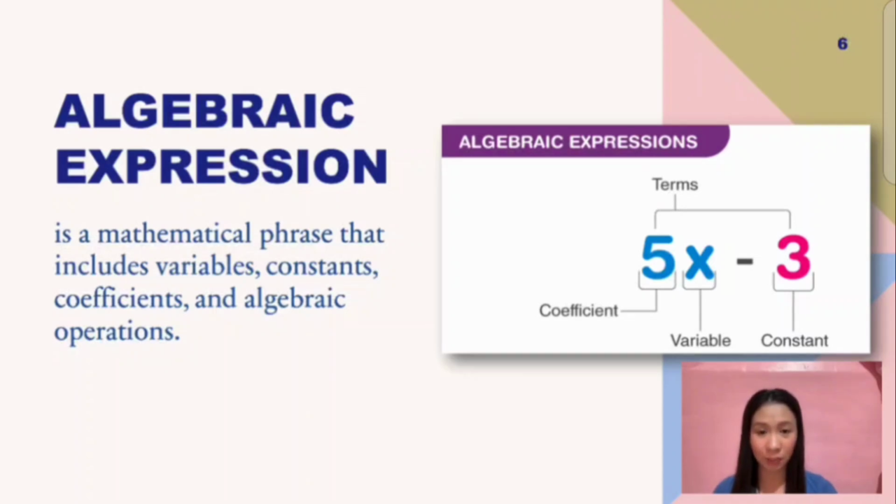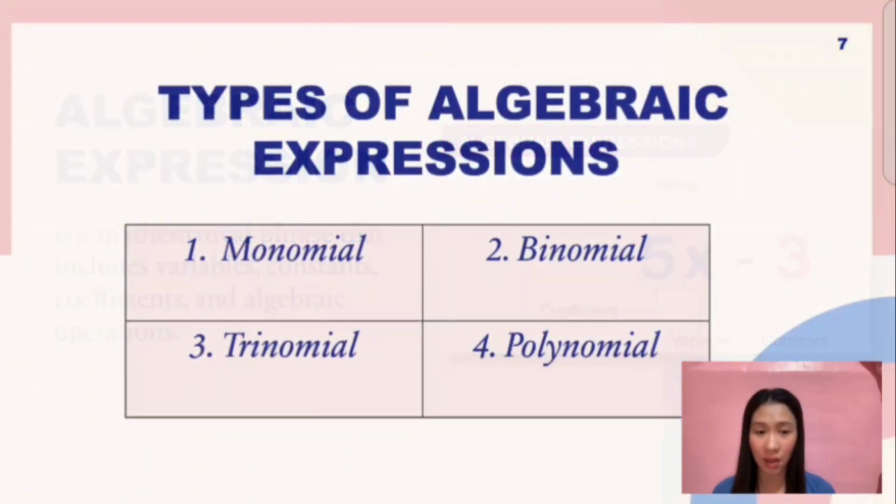We have here the example 5x minus 3, where 5x and 3 we call terms. 5 is the coefficient, x is the variable, 3 is the constant, and minus is our negative sign, the mathematical operation.